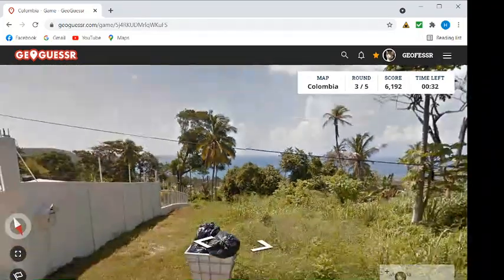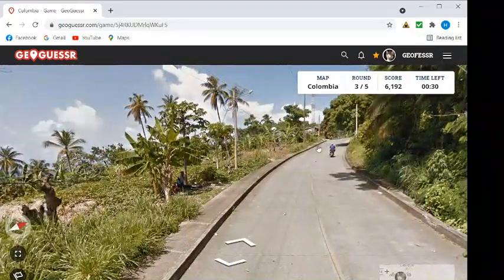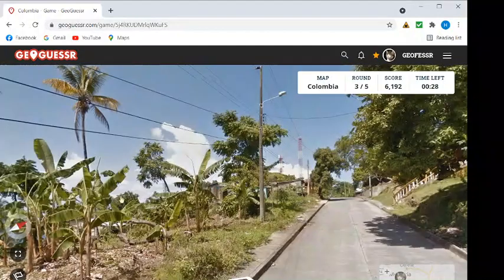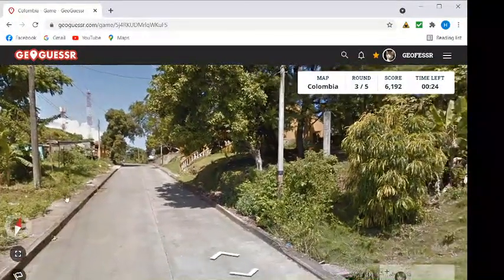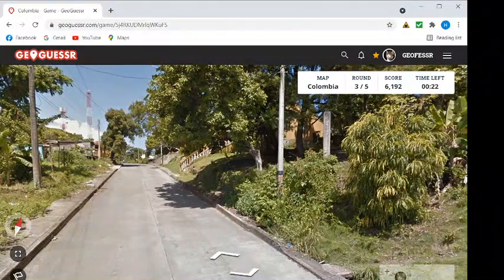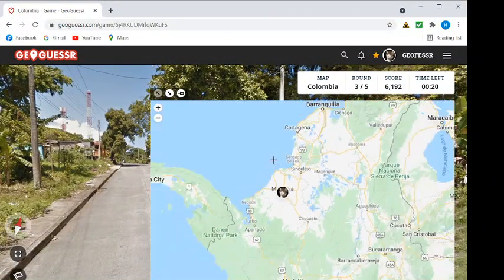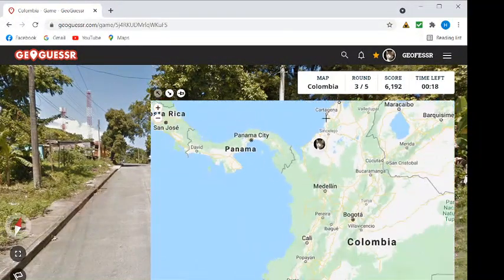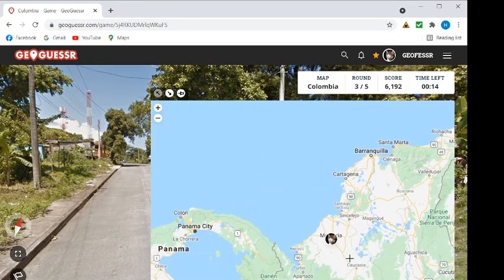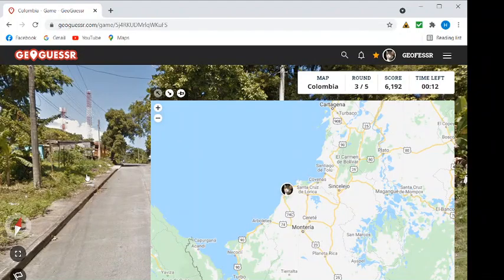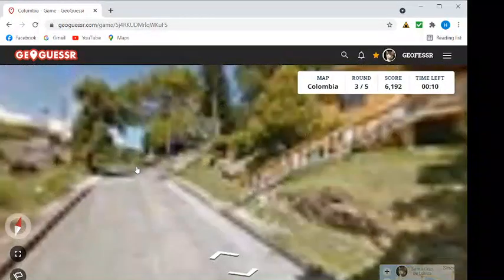There's the sea though. Okay, we have... yeah. So it could be the sea here, or again San Andres and Providencia. I'll go with here for now.